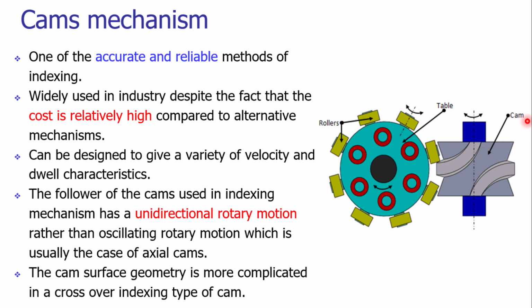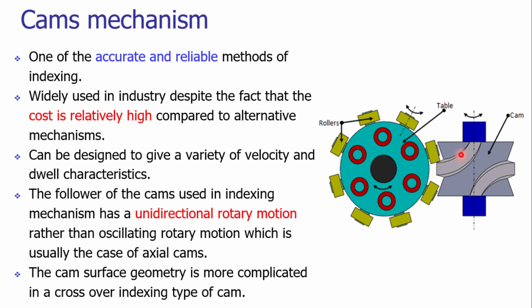We have seen the cam mechanism in our previous week. You notice here the axis of the table is perpendicular to the plane of paper. The axis of the cam is orthogonal to the axis of the table, but they are not intersecting. They are orthogonal, but they are parallel to each other.